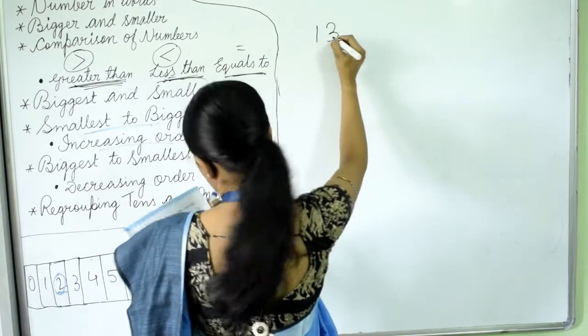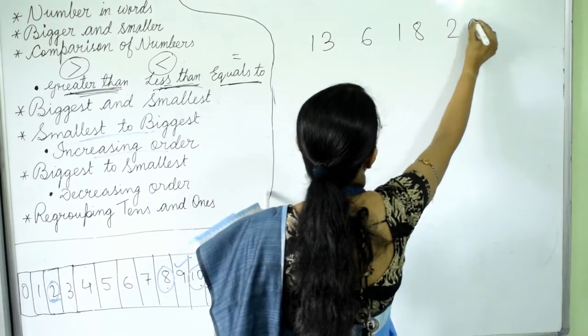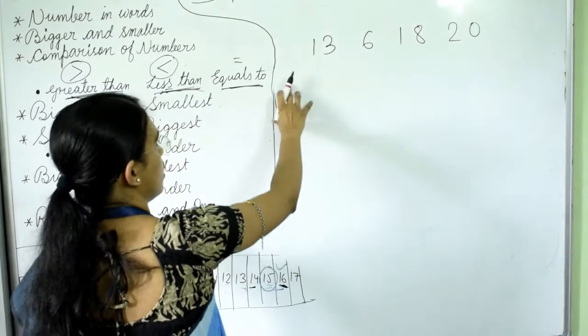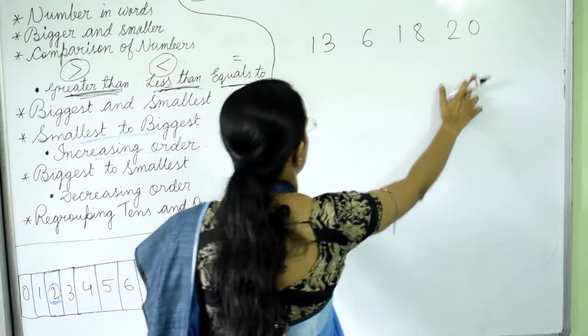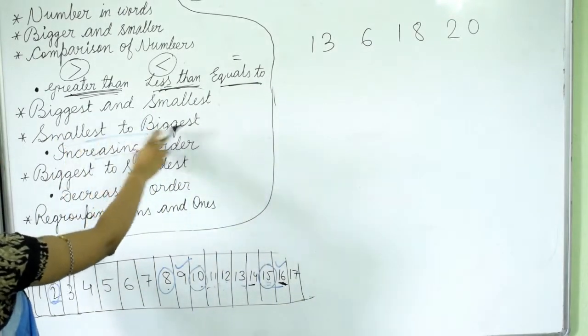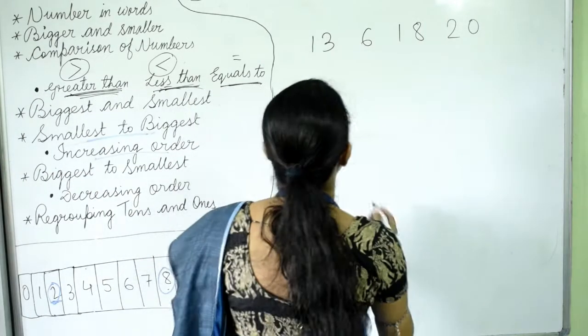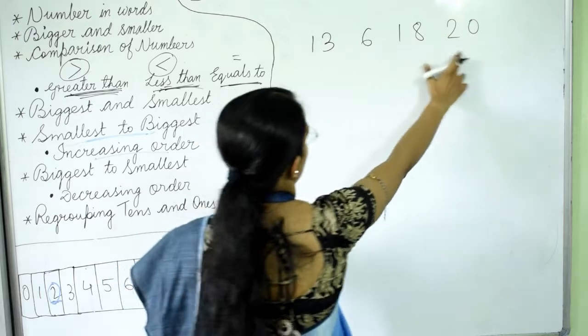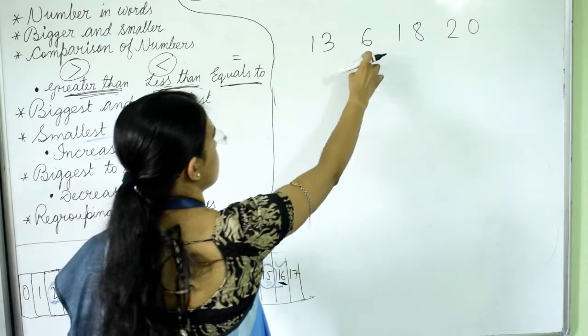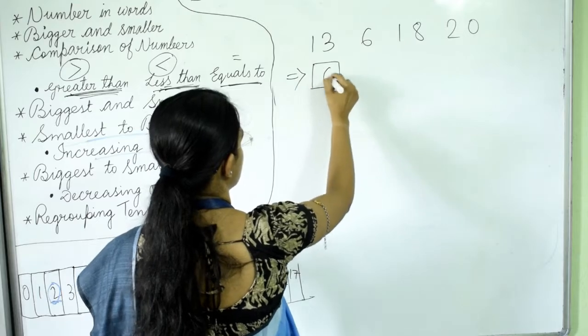The question is 13, 6, 18, 20. Now you have to arrange these numbers from smallest to biggest, or in increasing order, or you can say in ascending order. So among these 4 numbers, which is the smallest number? 6. So in the box, first write 6.